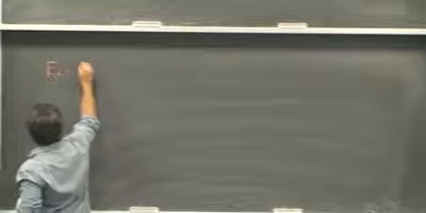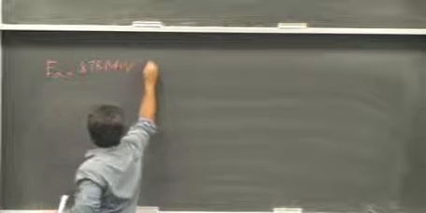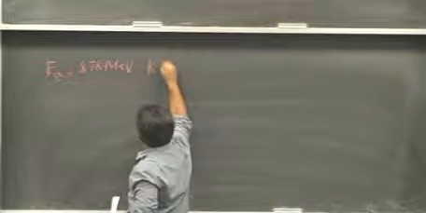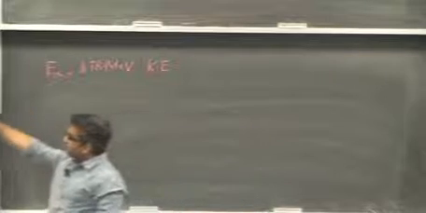E alpha is this is the kinetic energy of the alpha particle. So let's say that before it emits inside the nucleus, it has that kinetic energy and it is bouncing off from this potential well.